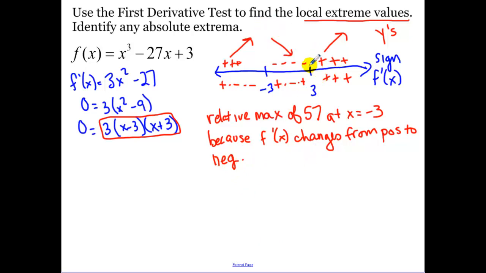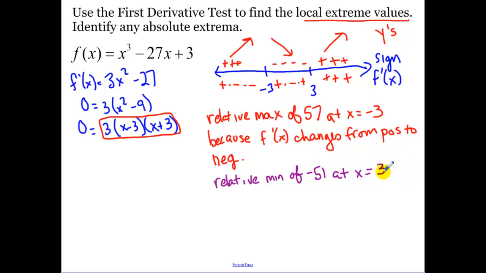Now let's look and see what happens here at 3. I go from decreasing back to increasing. That means we're going to have a relative min of -51 at x equals 3.